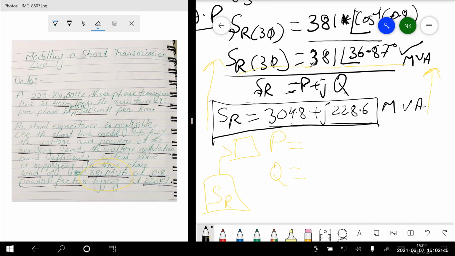So this magnitude is your apparent power, that is 381. You will use only 381 for this. And what will be the use of this 36.87? What will you do with this, and what does that resemble? Sir, there is a little confusion, why was the angle given, then it should have been complex power.